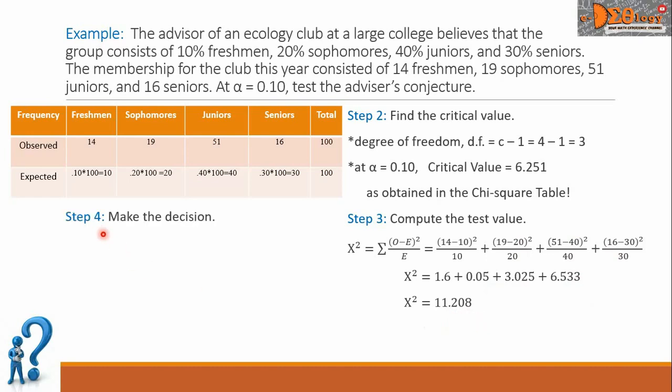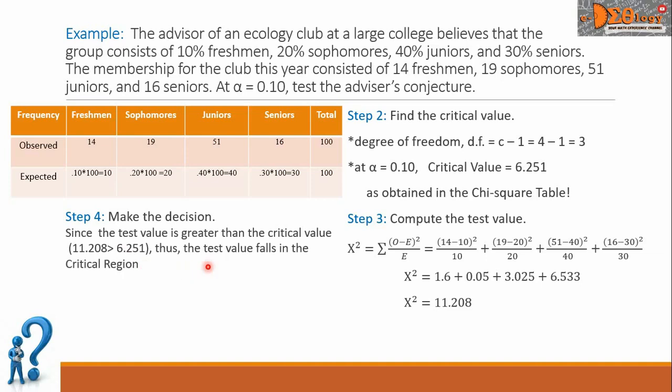Now, step 4 is to make the decision. Since the test value is greater than the critical value, in symbol we write 11.208 is greater than 6.251. In effect, the test value falls in the critical region.